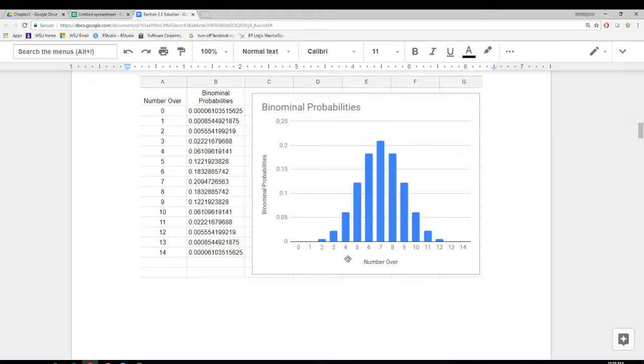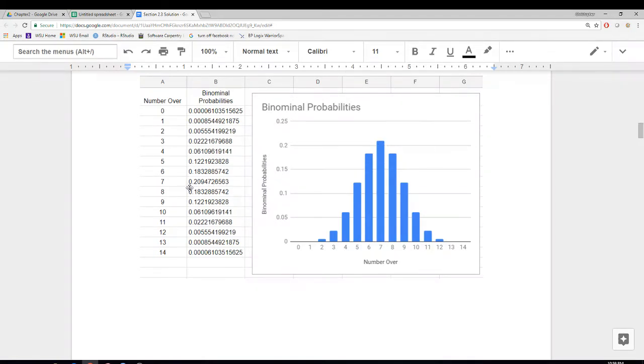The probability of being over is 50-50 when they're on target. So the high point of that graph should be at 7. The expected value would be 14 times the 0.50. Okay, so that's at 7 there. And then the reference distribution should just slide down from that 7.